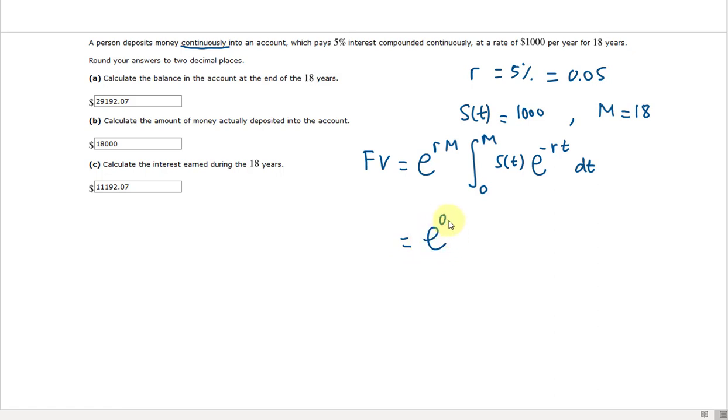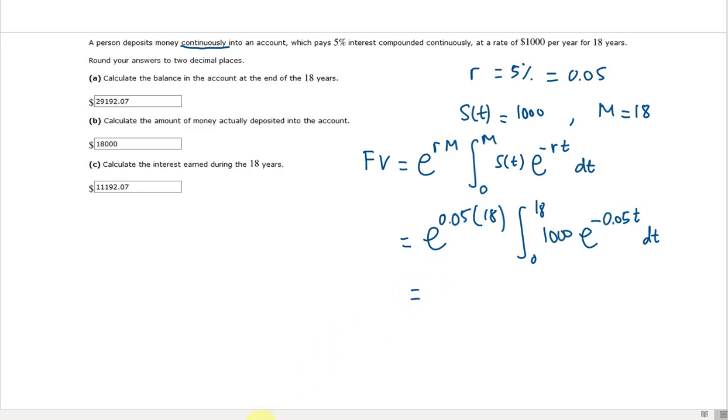So e to the 0.05 times 18, integral from 0 to 18, s of t is 1,000, and e to the minus 0.05 t dt. Okay, t here is the time from 0 to 18, so we are running dt from 0 to 18. So this is the variable t.